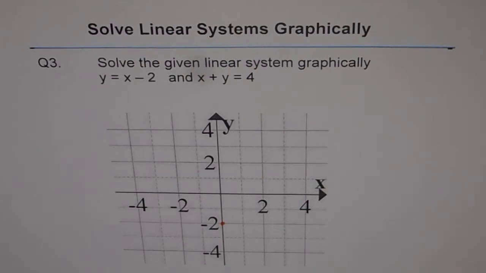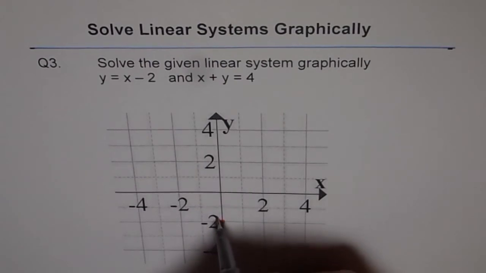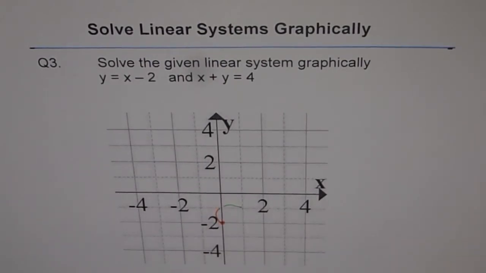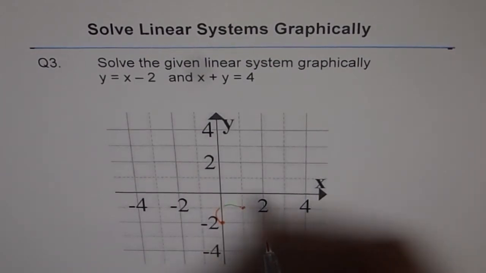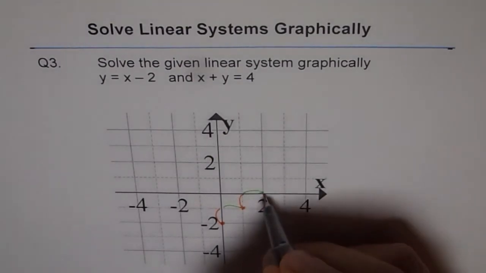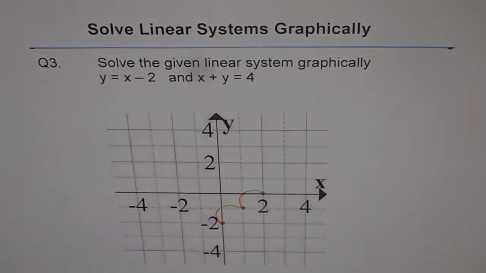Okay? So let's do it. We do rise 1, run 1, and get a point. So rise of 1 and then run of 1, and we get another point, which is here. Then again rise 1 and run 1, we get the next point. Correct. Now joining these points, we get a line.